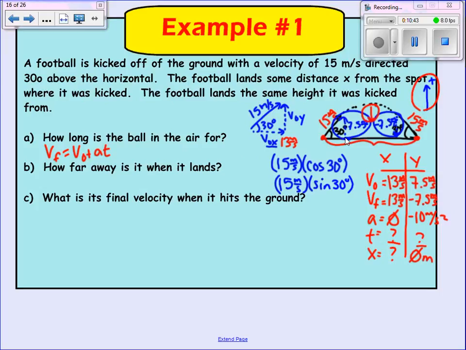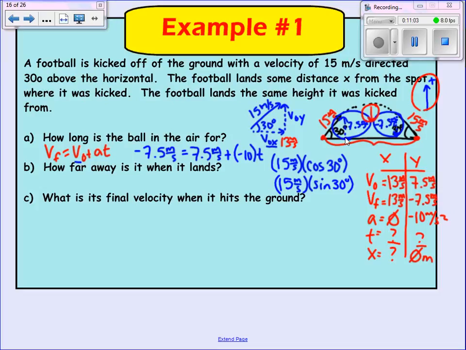So, to find out time, my final velocity in the y direction is negative 7.5 meters per second. Remember, I'm using all y values. That's equal to my initial velocity, positive 7.5 meters per second, plus my acceleration, negative 10, times t.